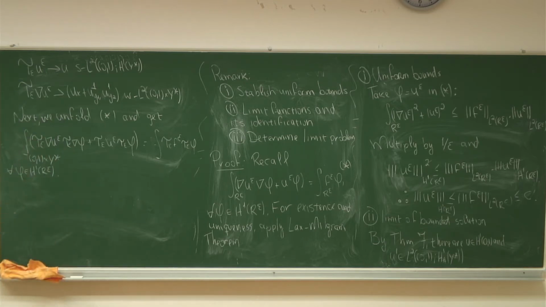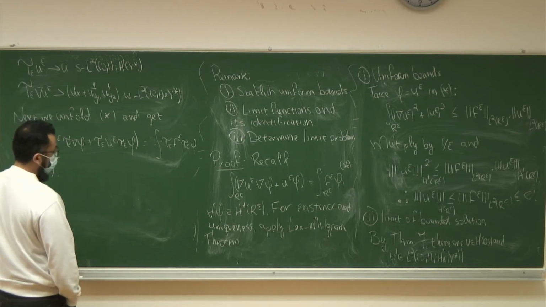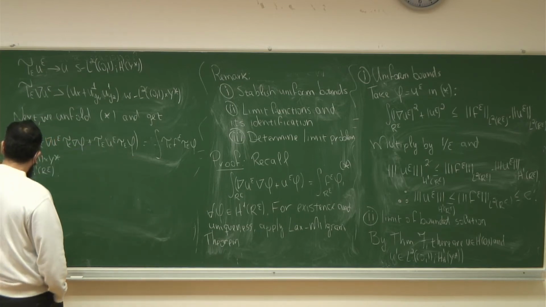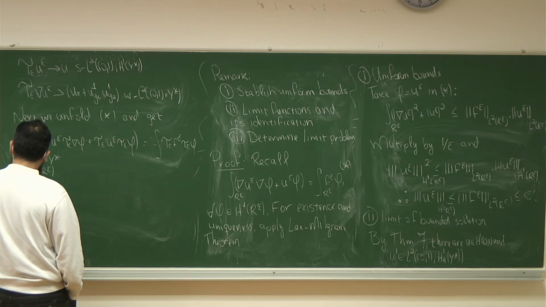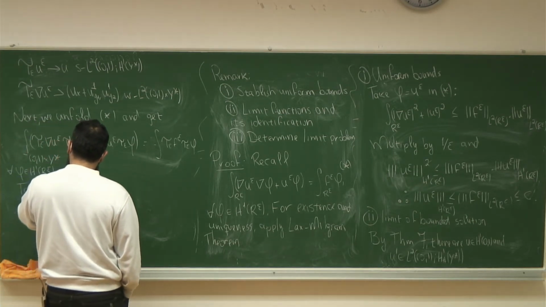But to pass to the limit, we have to consider test functions depending only on the horizontal variable. So take phi in H1 of (0,1).